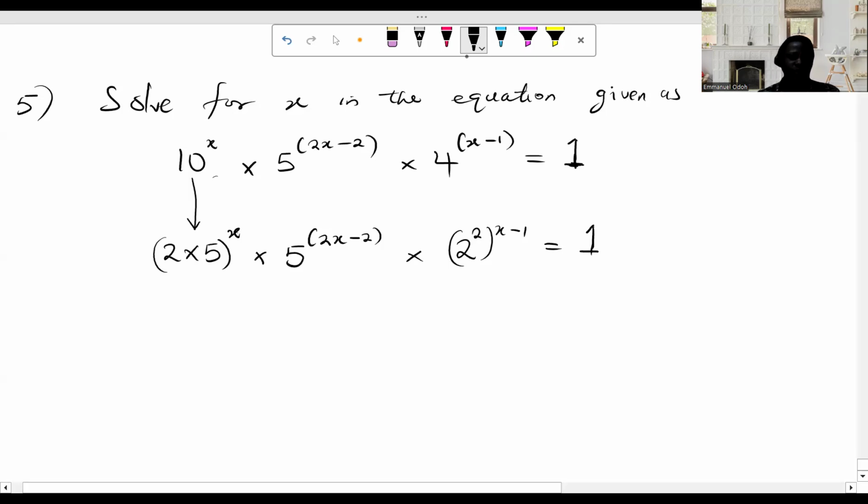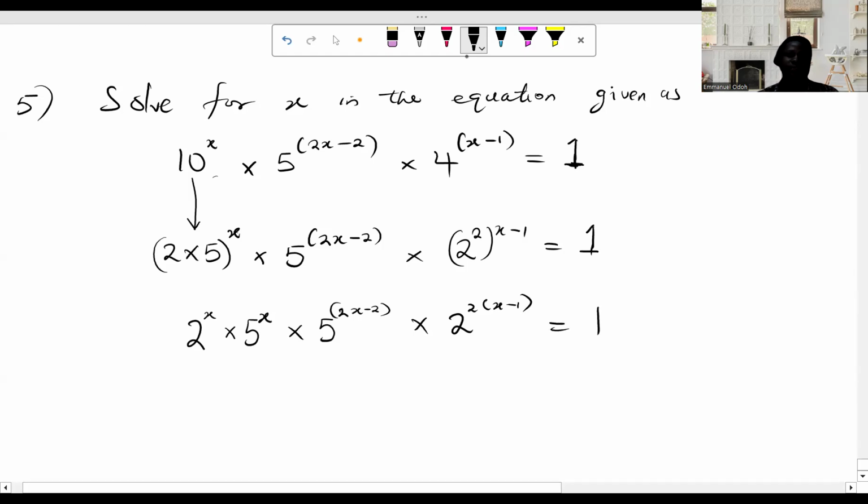So let's see, we can split this one: 2 to the power of x times 5 to the power of x, times 5 to the power of 2x minus 2, then times 2 to the power of 2 times x minus 1. Remember, this 2 multiplies the x minus 1.